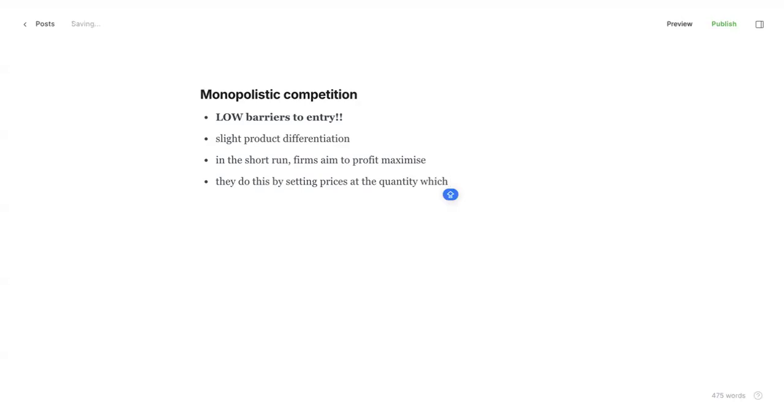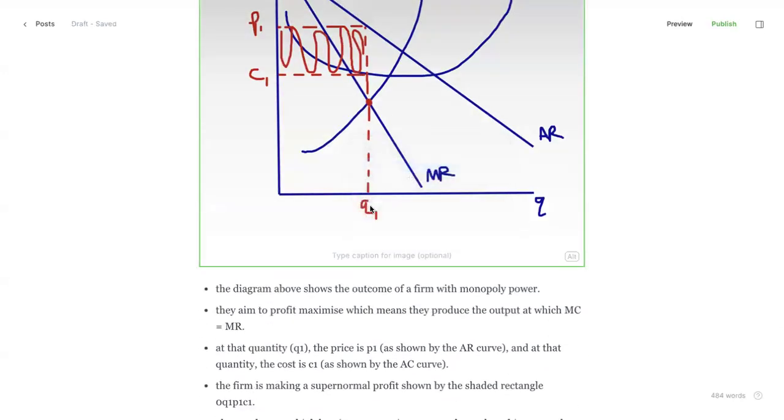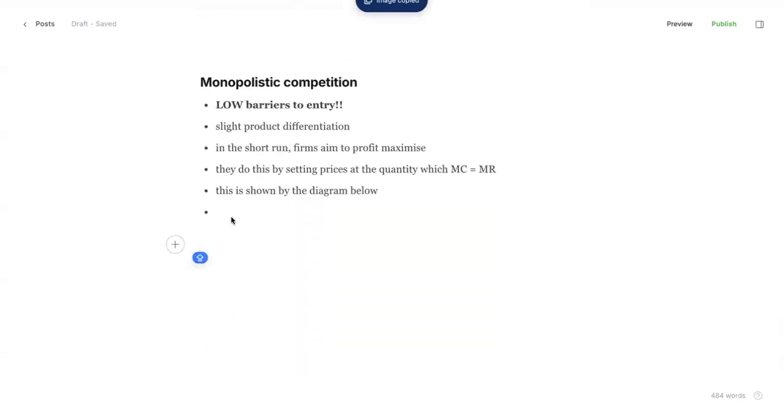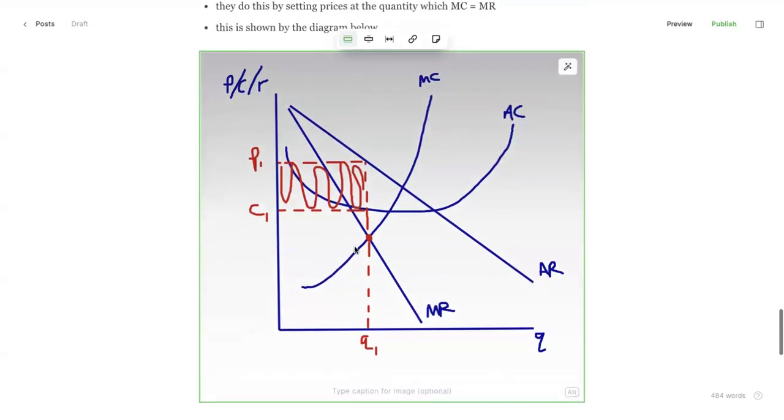Is it MR equals MC? Good, MC equals MR. This is shown by the diagram below. What diagram am I going to draw? I'm going to draw the exact same monopoly diagram. No difference at all. The reason being is that that's what they're going to try to be like.